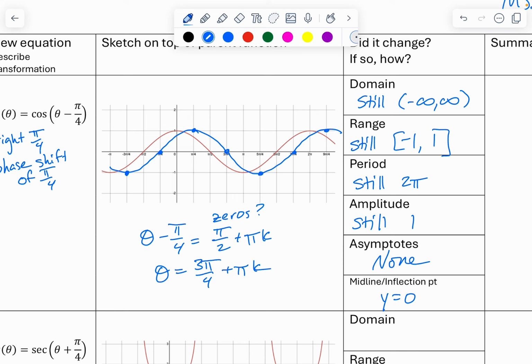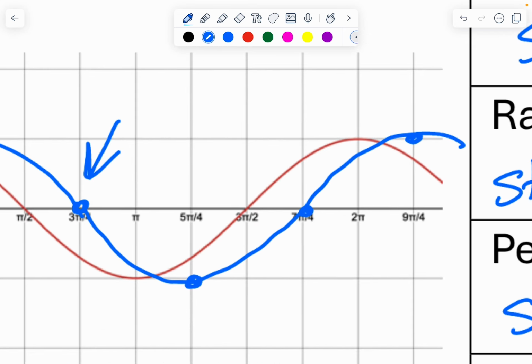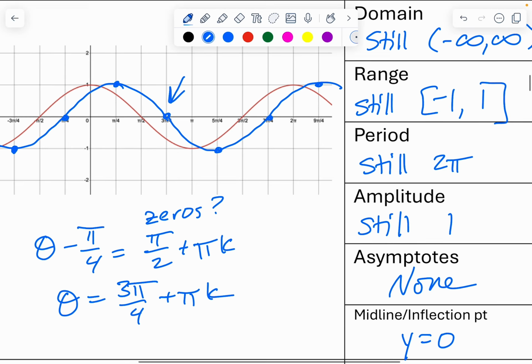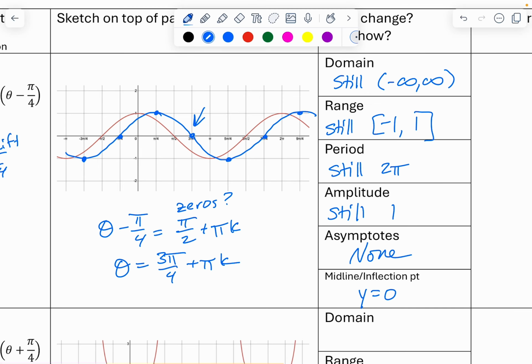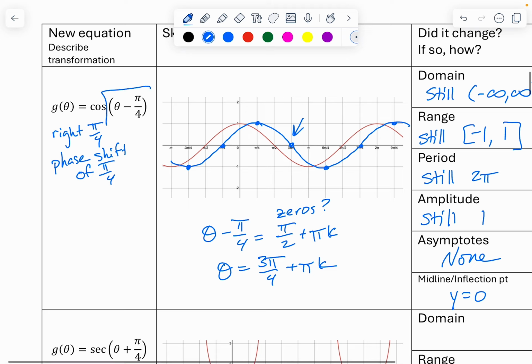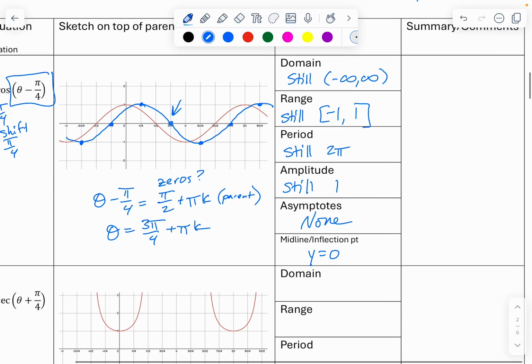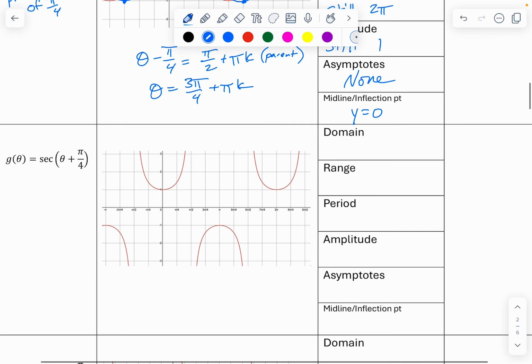And so you'll notice here is at 3 pi over 4, and then when I add, this should be at 7 pi over 4, and sure enough it is. Subtract, that should be at negative pi over 4. So that's one way to verify that they're in the right place. So I took this part of the equation and set it equal to the zeros of the parent function. Okay? So that might be helpful. You could talk about the inflection points now being there or whatever, but okay.